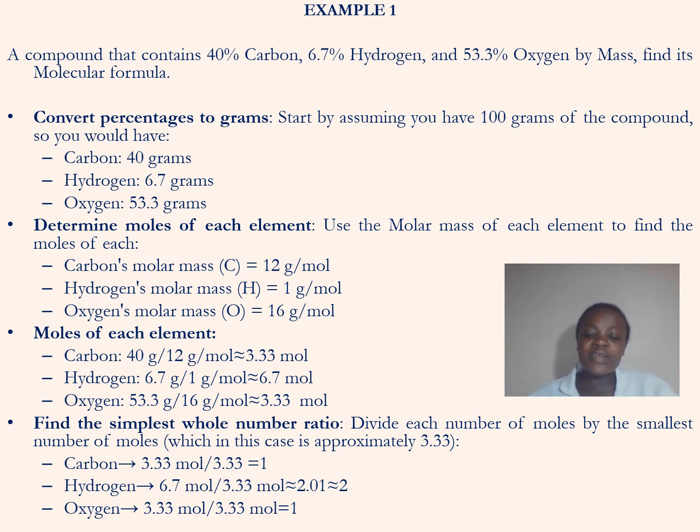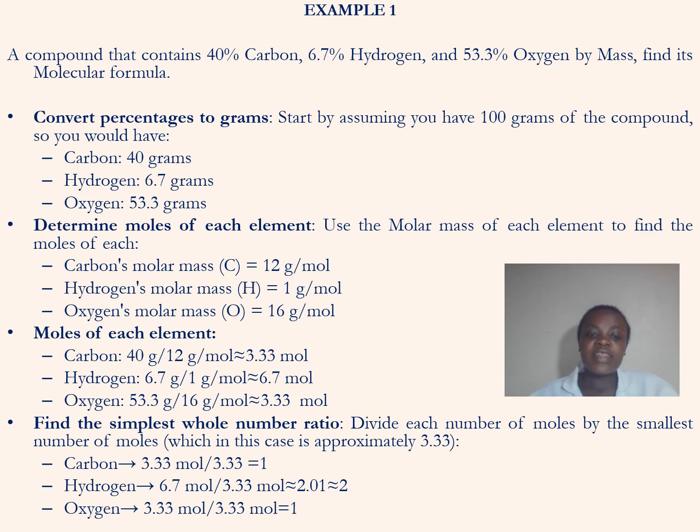For carbon, 40 grams divided by 12 grams per mole gives approximately 3.33 moles. For hydrogen, 6.7 grams divided by 1 gram per mole gives approximately 6.7 moles. Lastly, for oxygen, 53.3 grams divided by 16 grams per mole gives 3.33 moles. So we have the moles of the three components.